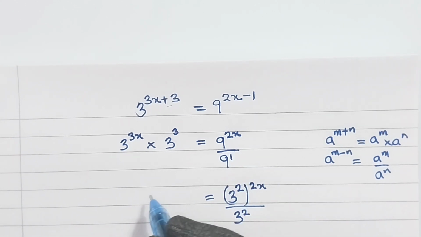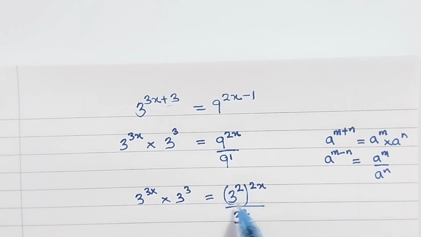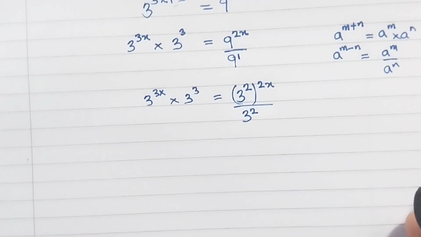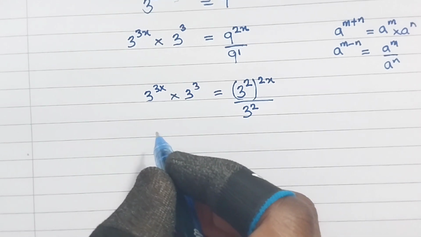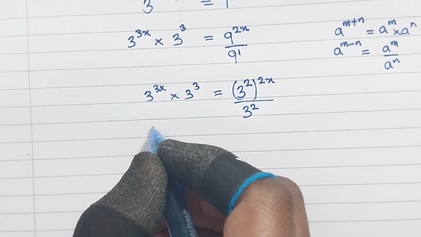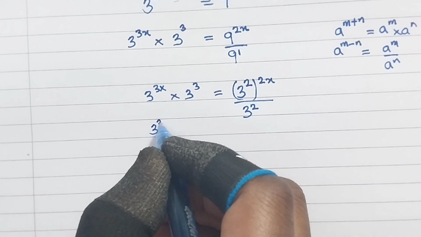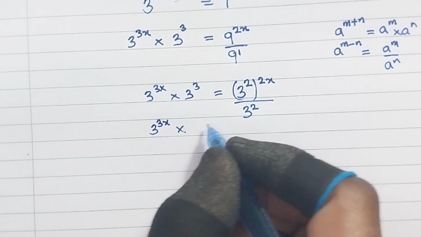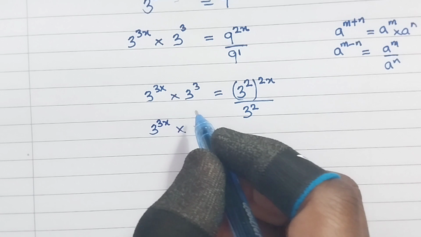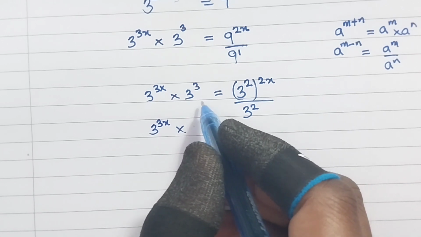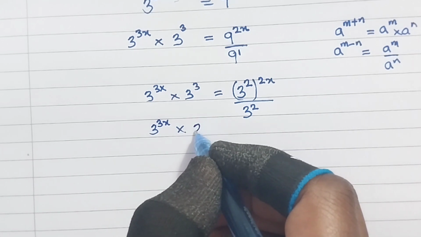Then I'll just rewrite what I have here as 3 raised to power 3x, then times 3 raised to power 3. So I'm going to open this bracket here so that I now have 3 raised to power 3x times 3 raised to power 3 here is 27.